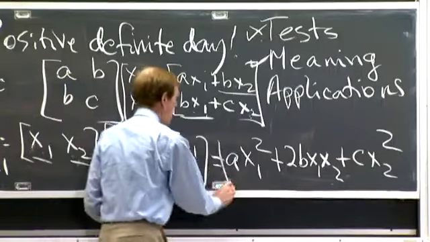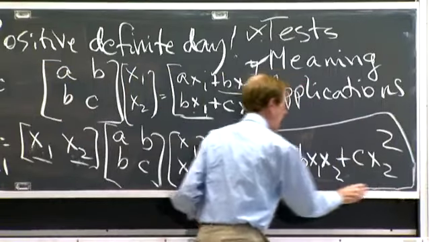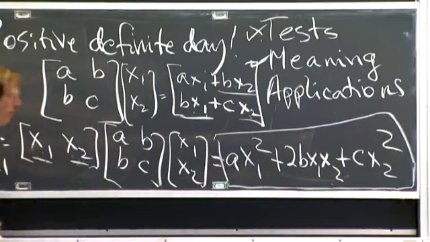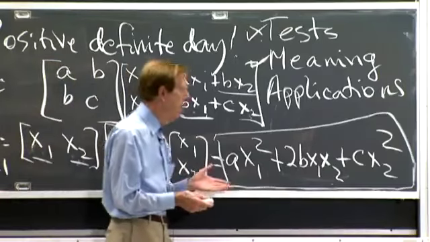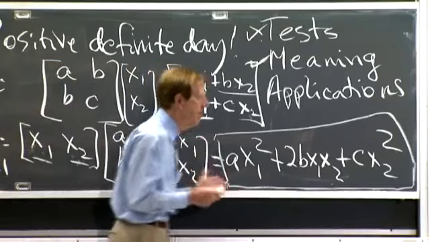So here's my energy. Can I just loosely call it energy, and then as we get to applications, we'll see why. I'm interested in that because it has important meaning. And so now I'm ready to define positive definite matrices.